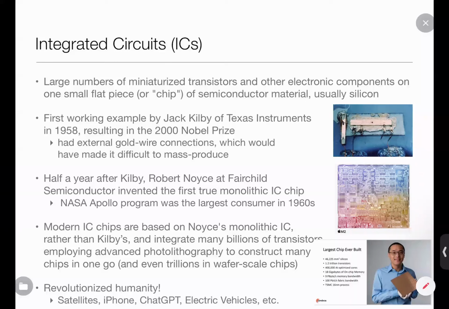And then here you see a big chip from a company called Cerebras, which makes systems for neural networks. This thing that this guy is holding in his hand is probably 6-7 inches by 6-7 inches, and it is a single chip. It's probably the world's largest chip, and it has trillions of transistors.